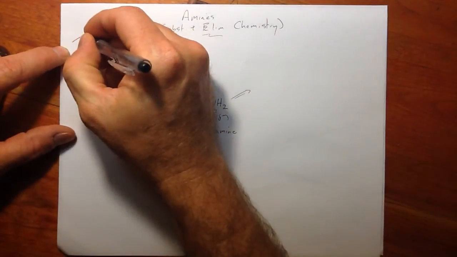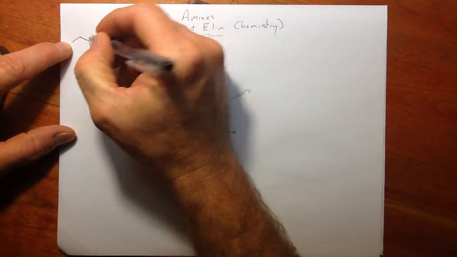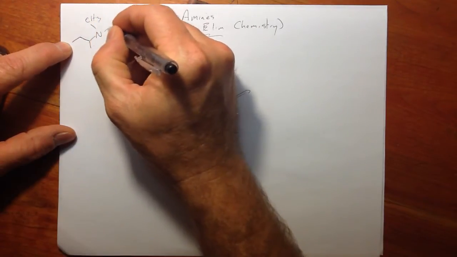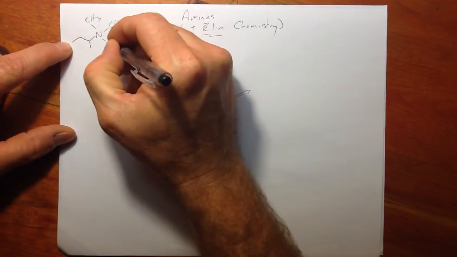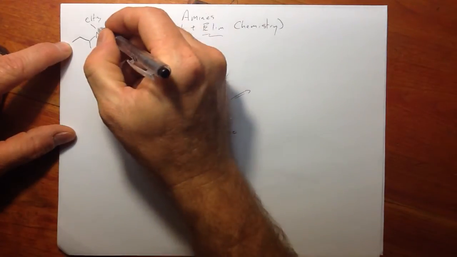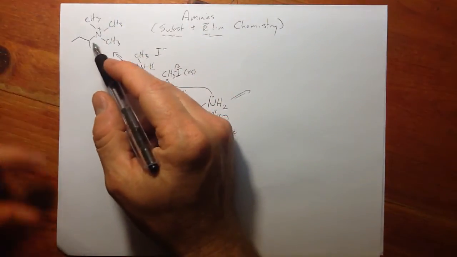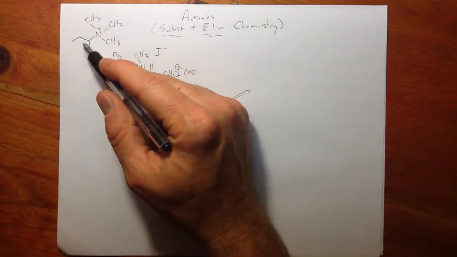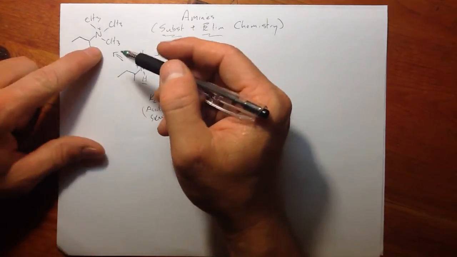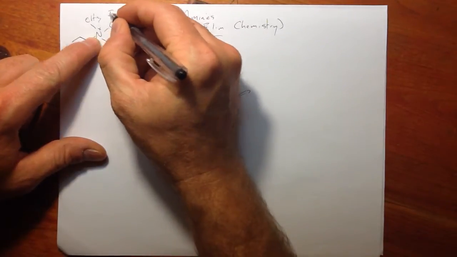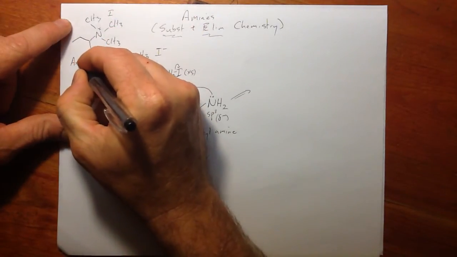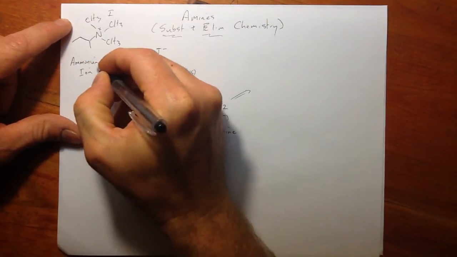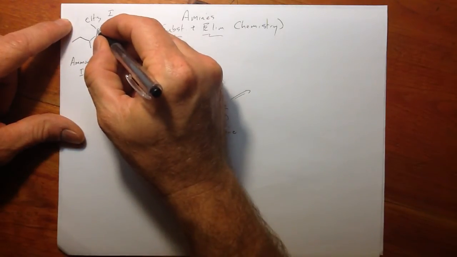going all the way to N-trimethyl sec-butyl ammonium iodide. We can call this, in general, an ammonium ion. This nitrogen now has a positive charge.